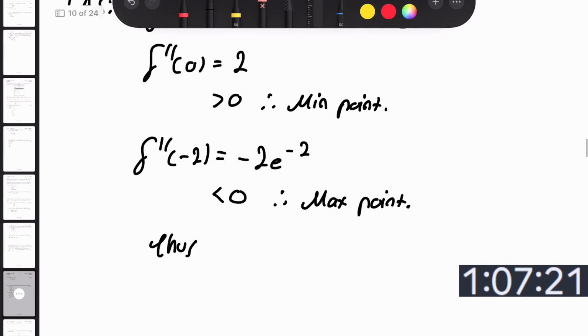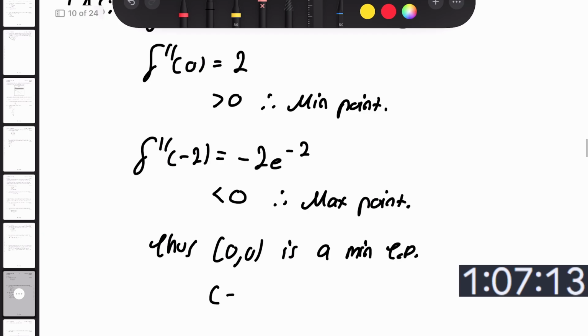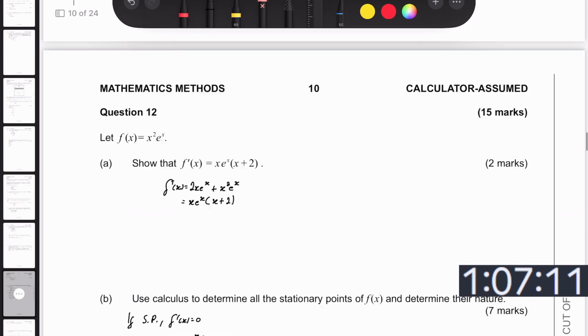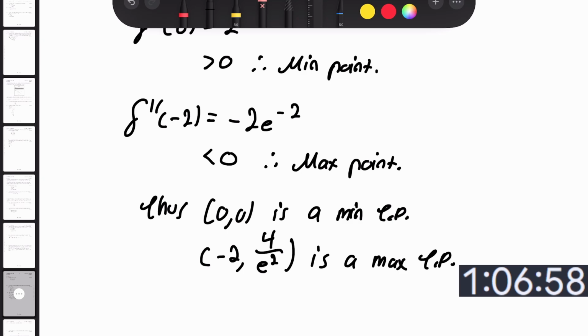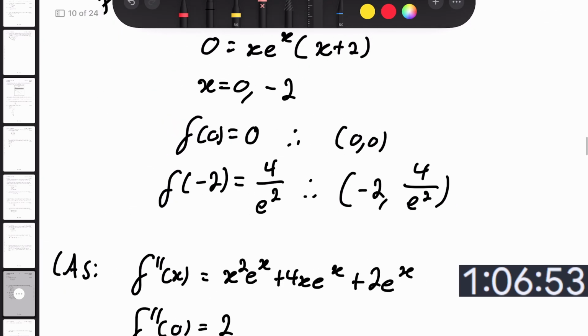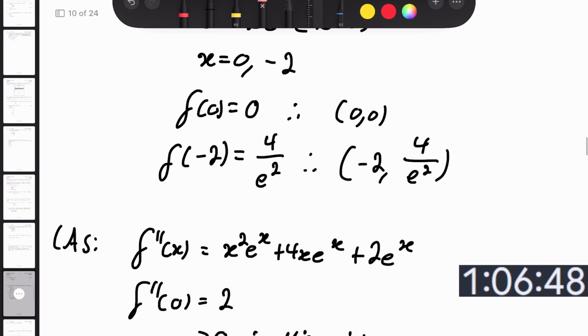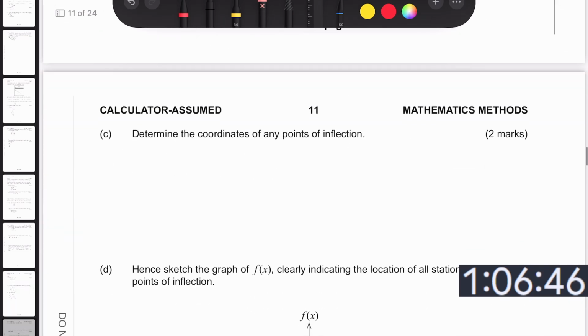Thus, we know that 0, 0 is a min turning point, and then negative 2, 4 on e to the 2 is a max turning point. So f of, given that, 4e negative 2. Yep, okay, pretty happy with that.